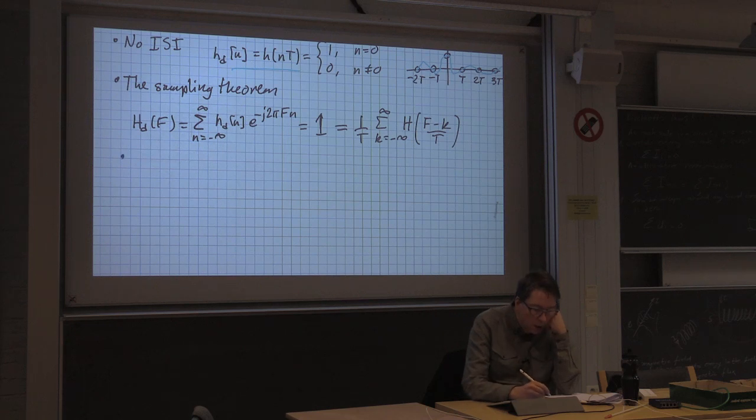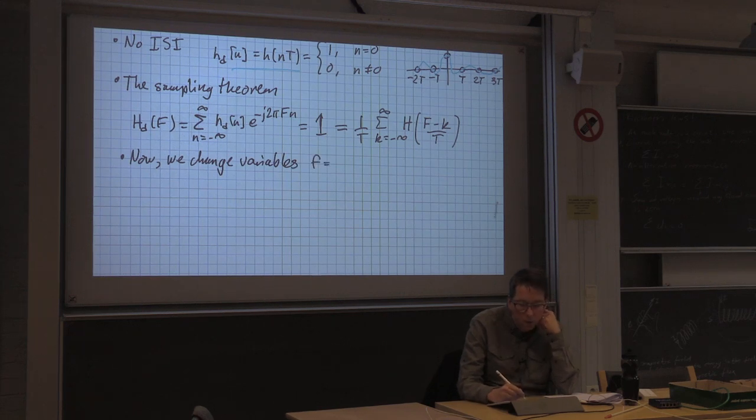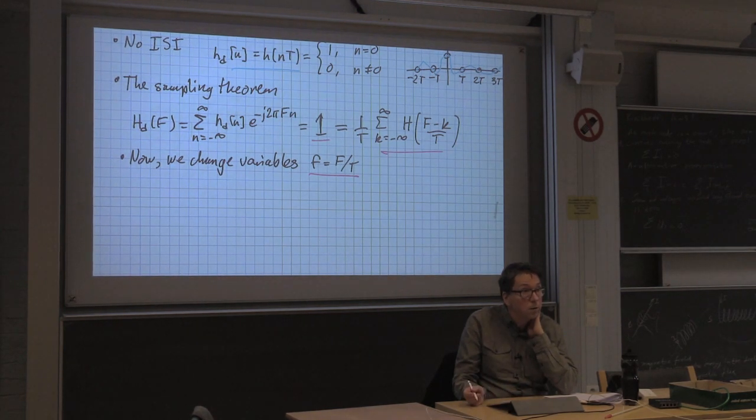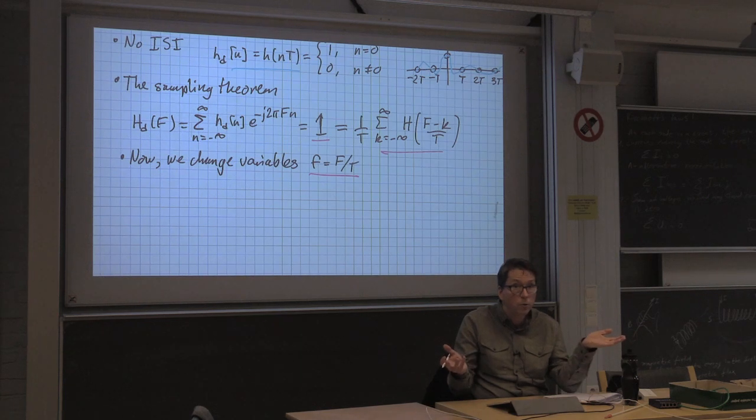Now we change variables, and set small f equal to capital F divided by T. Then we do this substitution in the left-hand side and the right-hand side of this equation. We're allowed to do that.